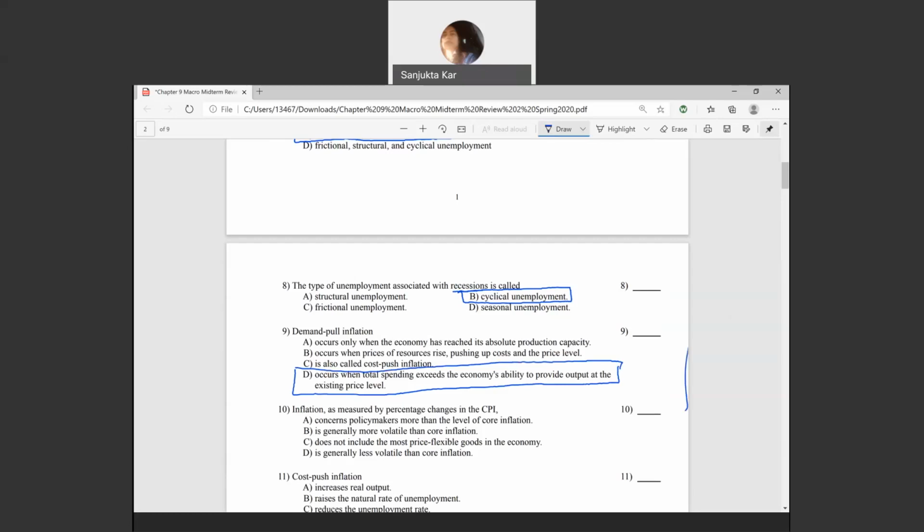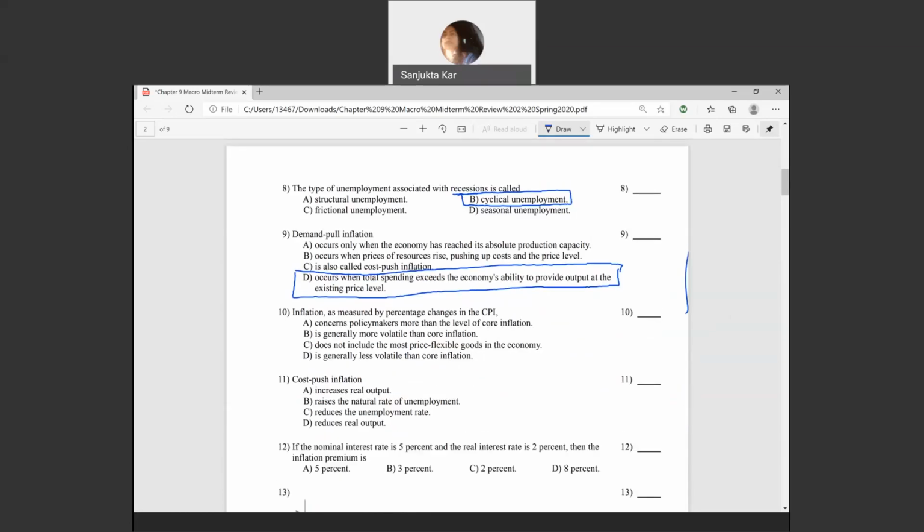Question 10, inflation as measured by percentage changes in consumer price index. CPI is consumer price index. This is going to be more volatile than core inflation. When we look at core inflation, it takes out prices of volatile items that change every day.